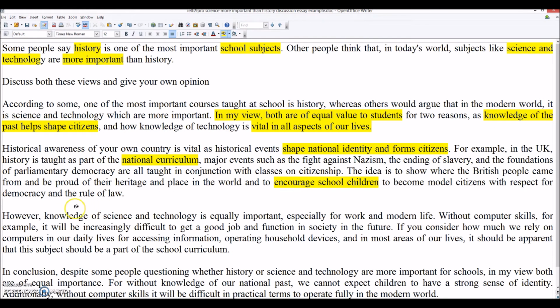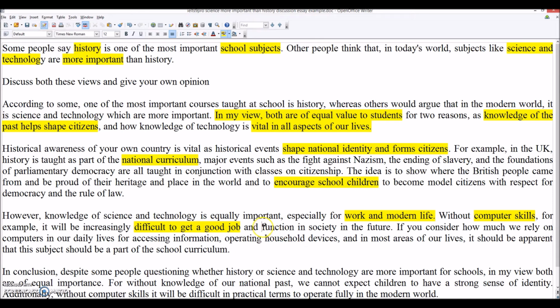Okay, knowledge is equally important. Why? For work and modern life. So my idea here, without computer skills, for example, you will find it difficult to get a job unless you're working in construction or working in retail, but even then you might have to use one.